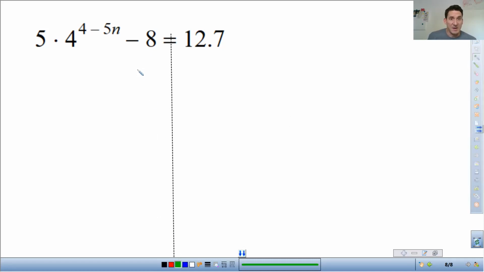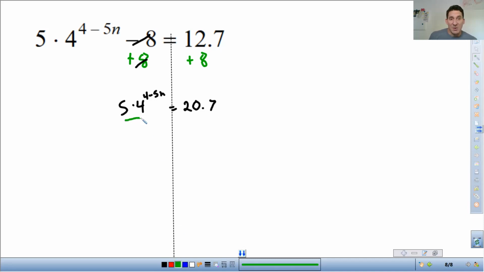So my first step here, I have 5 times 4 to the 4 minus 5n minus 8. I'm going to add 8 to both sides. And so minus 8 plus 8 cancels out. It's 5 times 4 to the 4 minus 5n is equal to 12.7 plus 8 is 20.7.